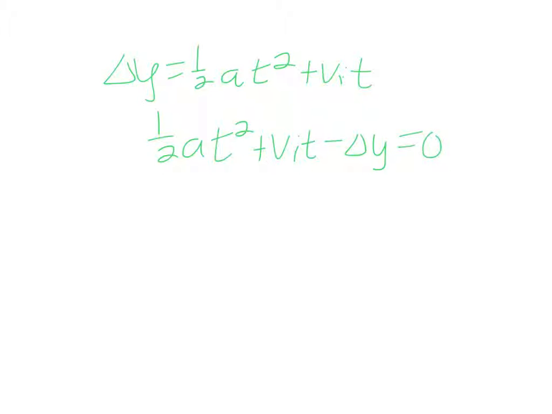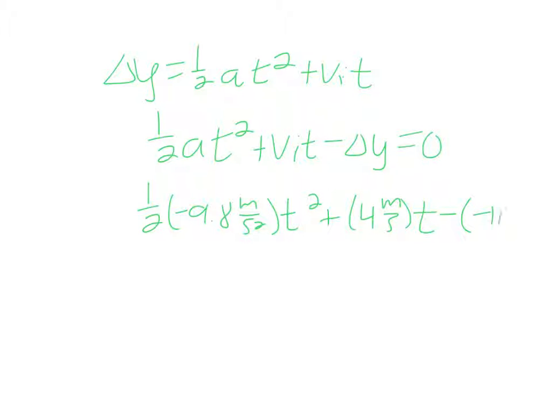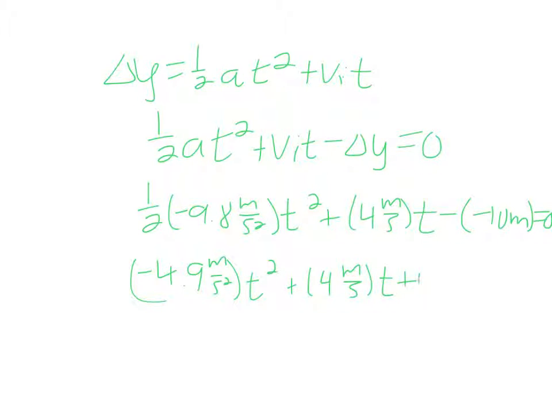You have a, you have the initial, you have delta y. 1/2 times negative 9.8 meters per second squared t squared plus 4 meters per second t minus a negative 10 meters equals 0. Half of negative 9.8 is negative 4.9 meters per second squared t squared plus 4 meters per second t minus a negative, plus 10 equals 0.